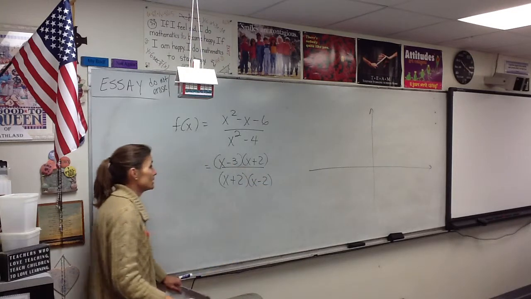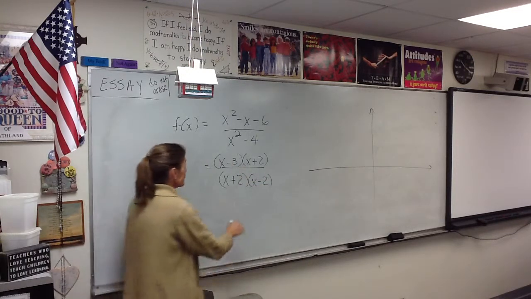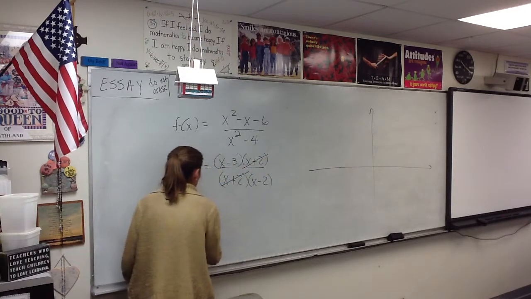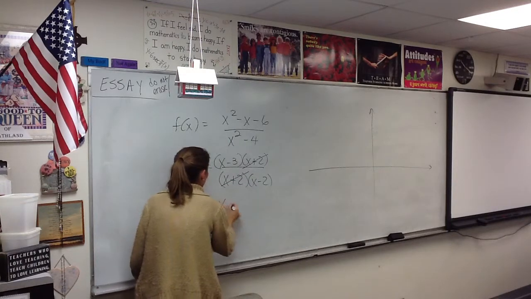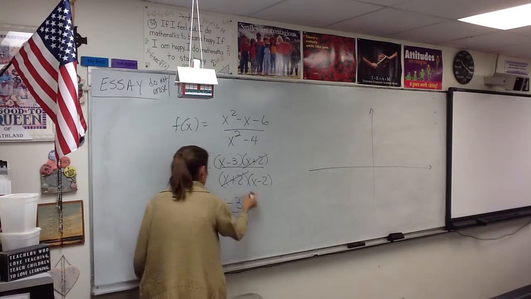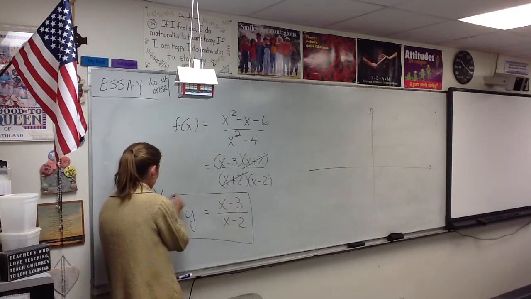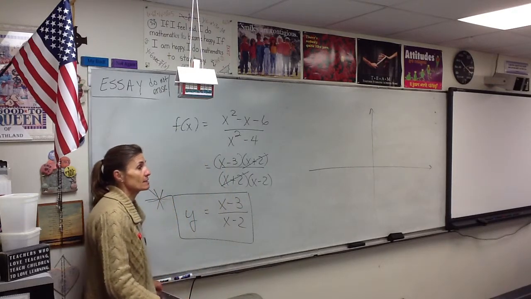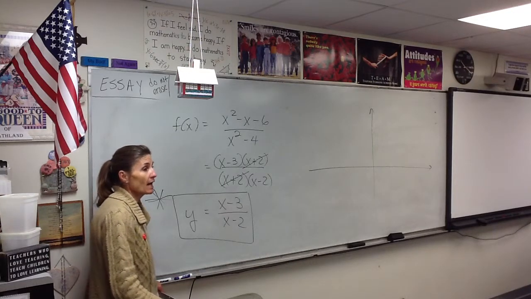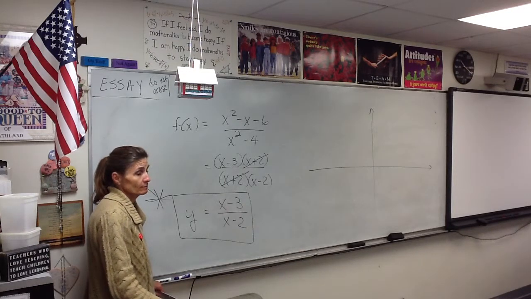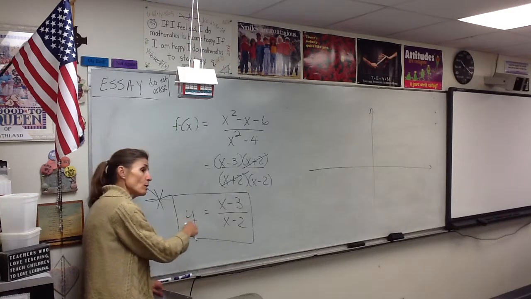Get rid of the hole. Now, do you see a cancellation? So now our problem becomes this. And I am going to take the time to write it down, put a box around it. Some of you will highlight it because you have highlighters. This is what you're going to graph.